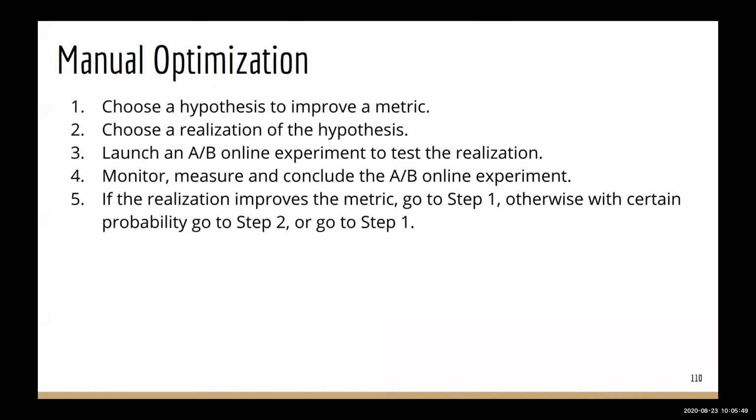So what do I mean by manual optimization? Here is an example of a procedure where we do manual optimization. Think about the metric, either the intra-session metrics or inter-session metrics that Monia mentioned.